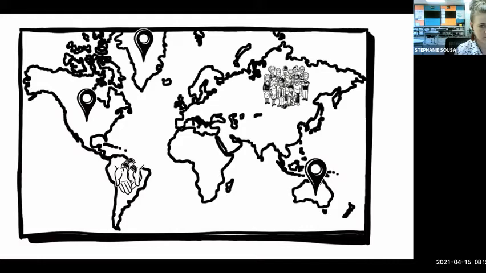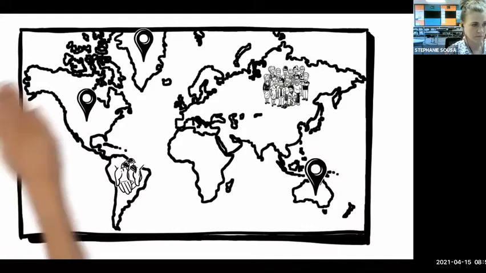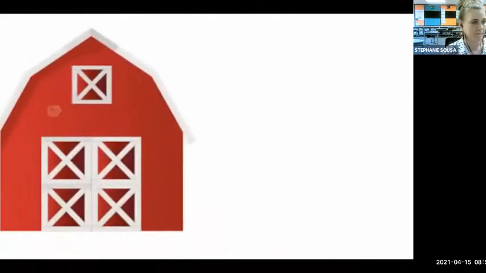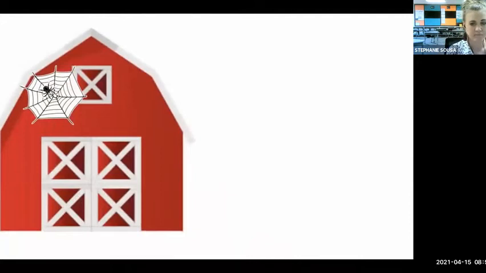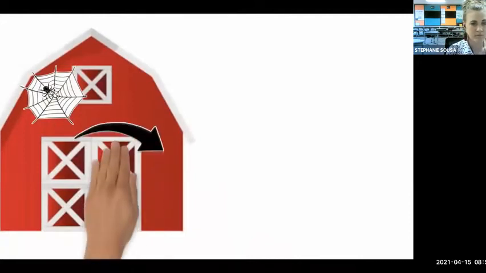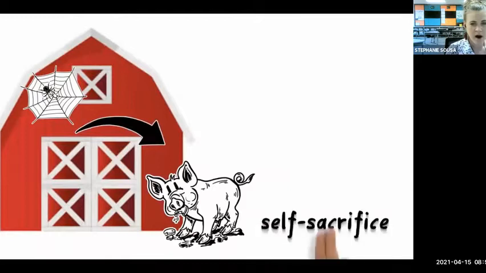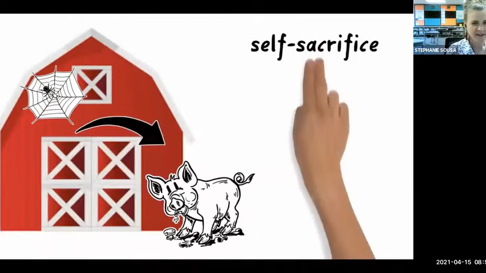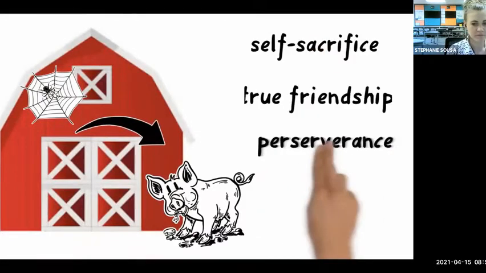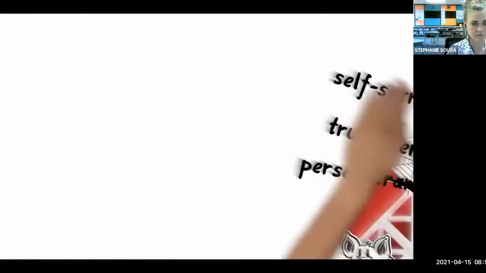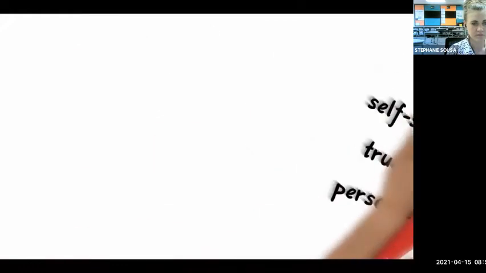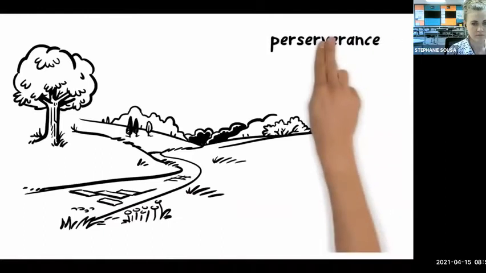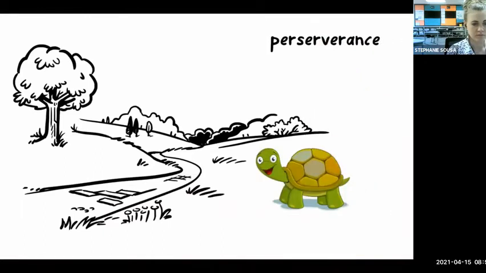Some fiction stories may include more than one theme. Think about Charlotte's Web, a fiction story where a talking spider helps a pig. There are many themes that can be found, including self-sacrifice, true friendship, and perseverance. Another fiction story that contains the theme of perseverance is The Tortoise and the Hare.